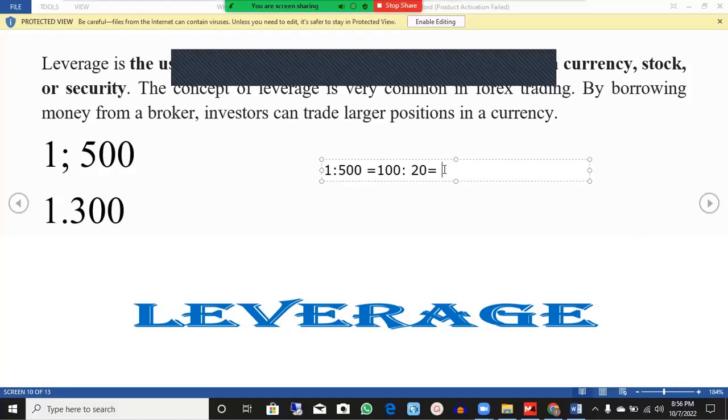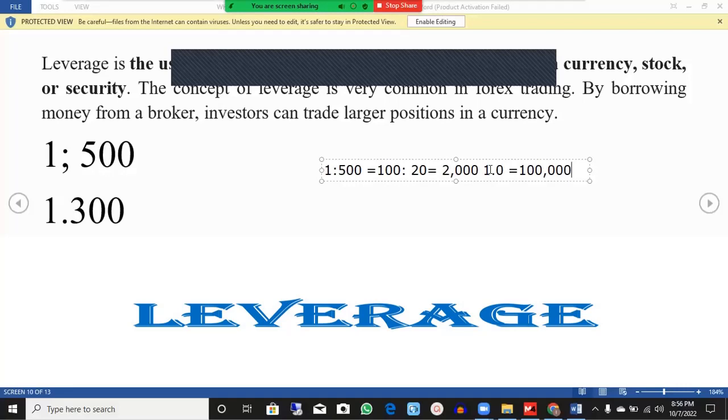I want to show you a small magic. 1:20, so you're timesing your 100 by 20. It simply means that the equity your broker will be giving you is $2,000. This automatically means that you cannot trade with one lot size, because one lot size is equal to 100,000.